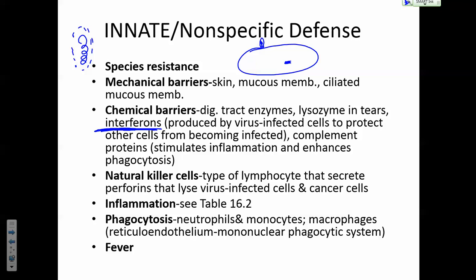But that nucleic acid can get inside the host cell, and it uses all of the host cell machinery to replicate itself. So it uses the host cell's enzymes, DNA polymerase, and it uses the host cell's nucleotides to produce new DNA molecules.